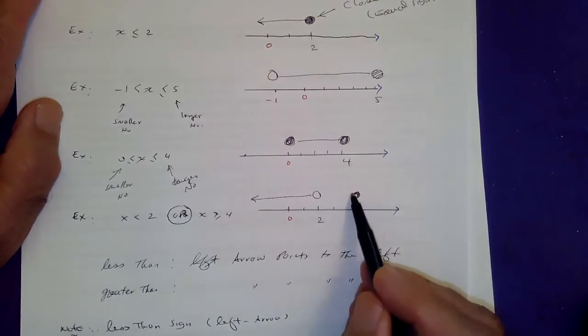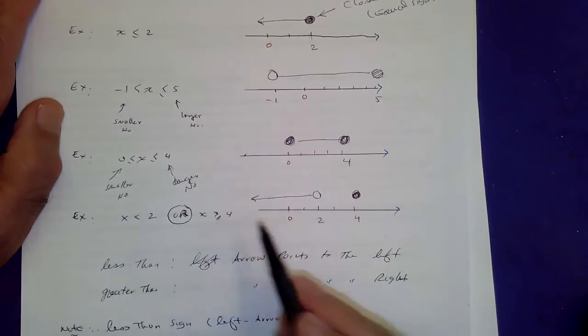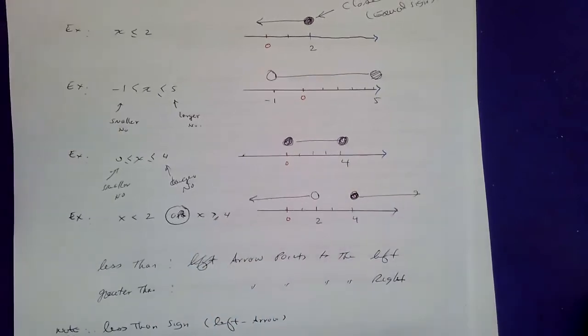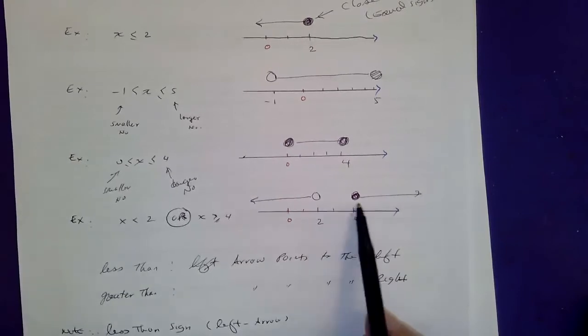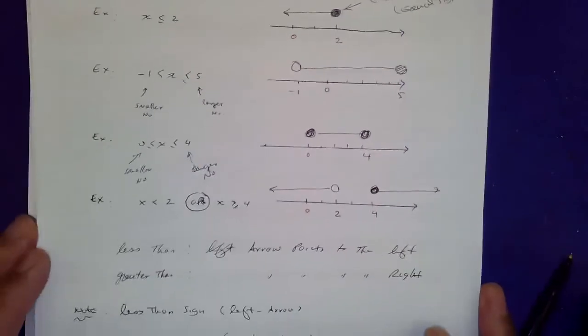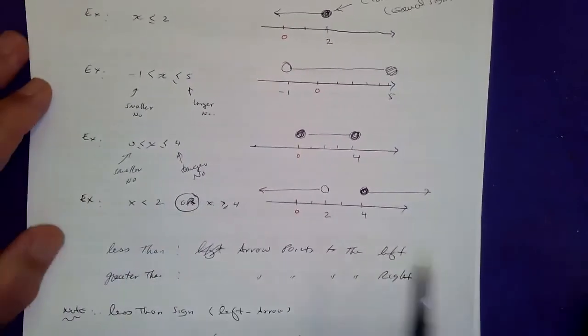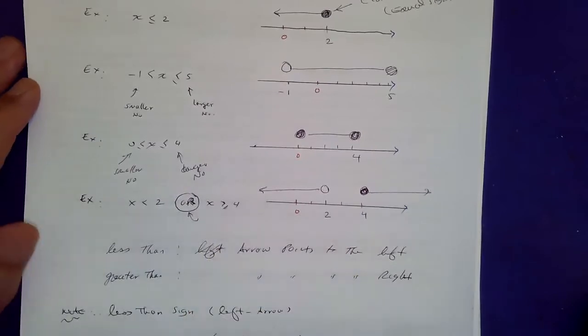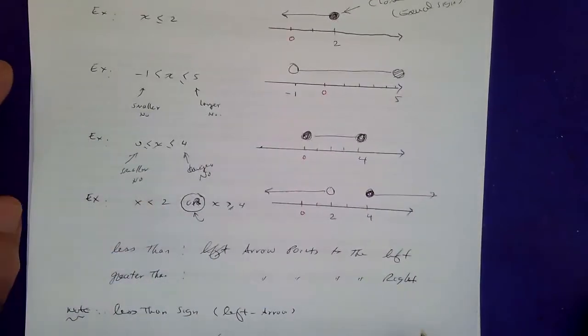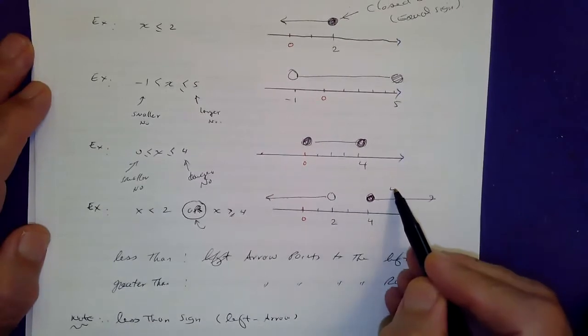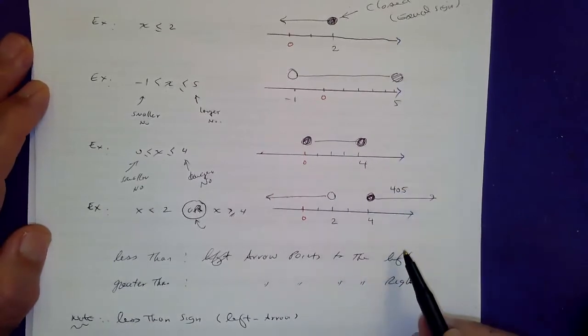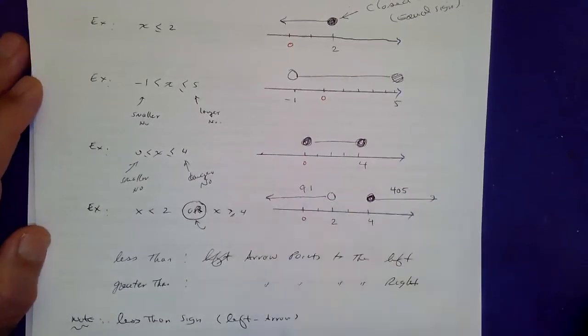And it's closed because it's an equal sign and goes to the right. Notice there is a gap between these two inequalities. And the way you know there is a gap, you should see the word or. In other words, you are on freeway 405 or 91.